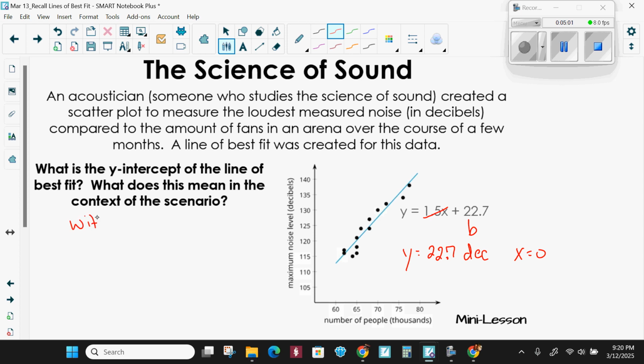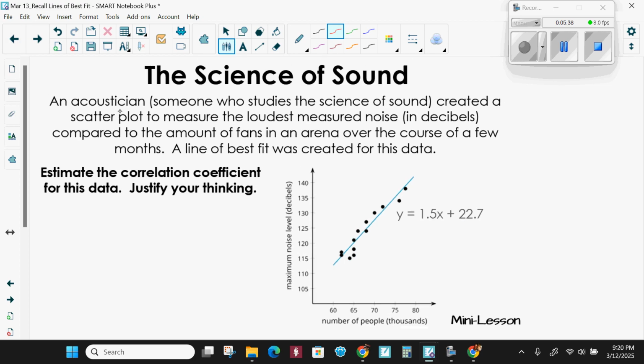With no people present, decibels are at 22.7. So either this is random noise in the arena, or since it's just a prediction, it may not even make sense.